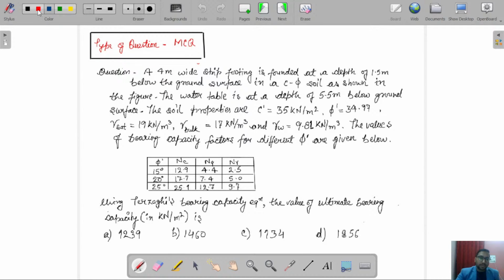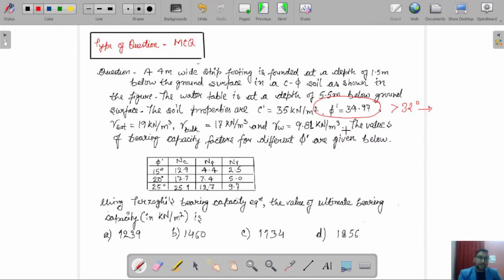Now here the important point is this phi value. Phi value is greater than 32 degree. If phi value is greater than 32 degree or phi value is greater than 28 degree, for which value are you going to get local shear failure?